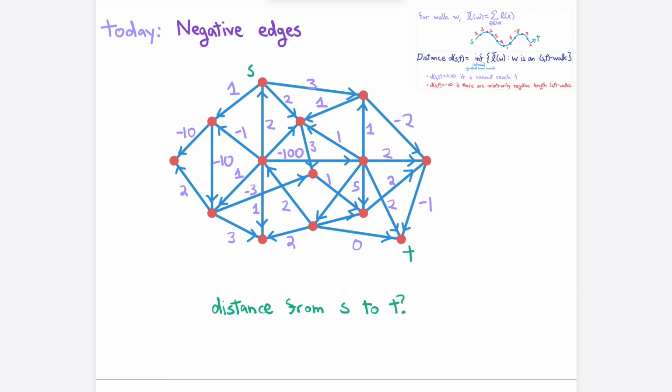Anyone find one? What's the best? Anyone want to suggest one? 0? Okay, how do I go to 0? So I start here, right. So 3 minus 2 minus 1, 0. Anyone beat 0?